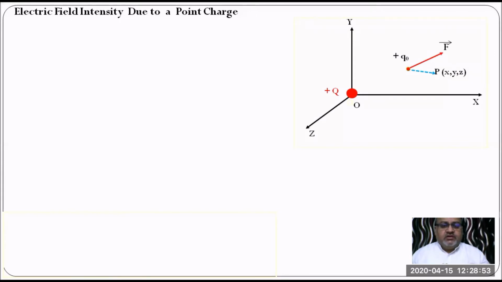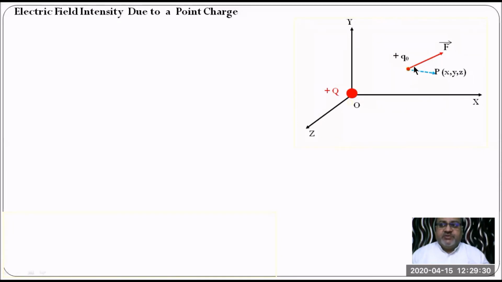And plus Q naught. I am mentioning plus again and again just to make it convenient for you that the test charge is always positive. We need not put plus, it is obvious, but I am placing plus so that you come to know that the test charge is always positive. And plus Q naught test charge is placed at this point, and it experiences force along this line joining plus capital Q and plus Q naught.